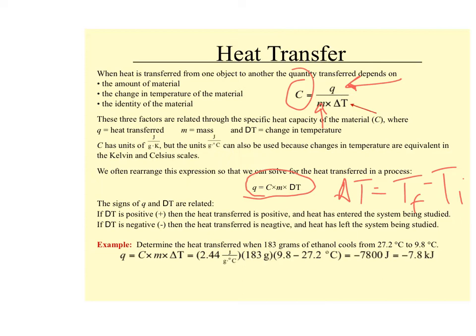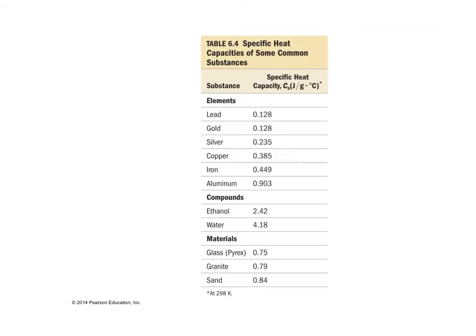All right? And then we can go down here and we can look at, okay, how do you use that equation? Well, ethanol cooling, 27.2, final was 9.8, plug everything in, and you get 7.8 kilojoules, a negative 7.8, right? These signs are critical. Heat capacity is really important, and recognizing the specific heat capacity of water is really important.